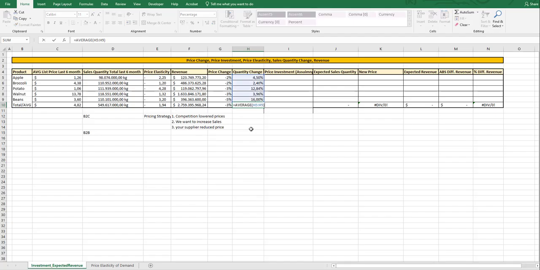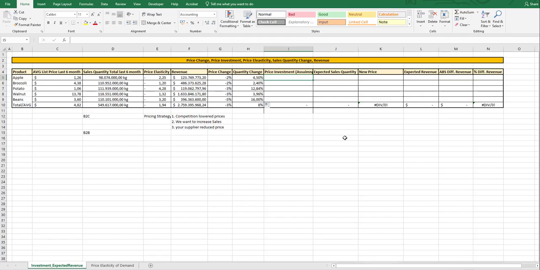That is the average quantity increase. Just like here, the average price decrease is -3%, and this one is 8%. So almost the elasticity is nearing 3.